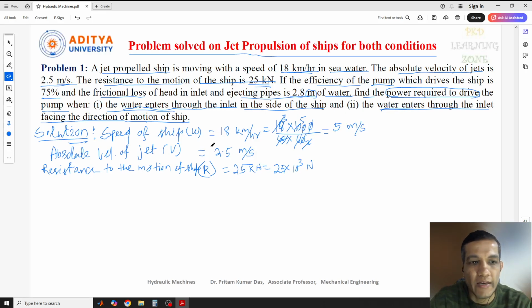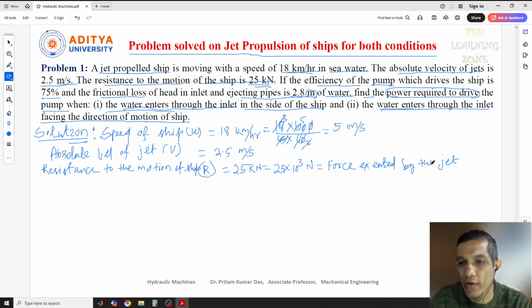And the resistance to the motion of the ship is equal to the force exerted by the jet.